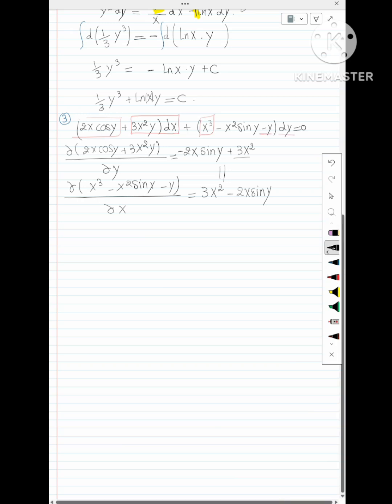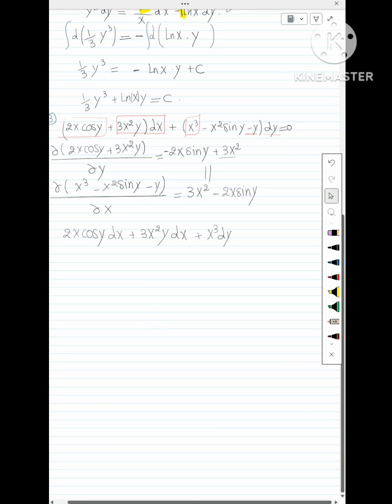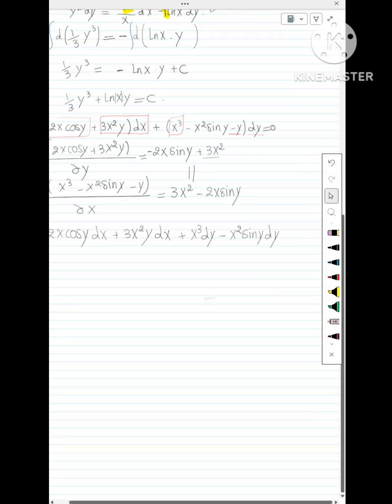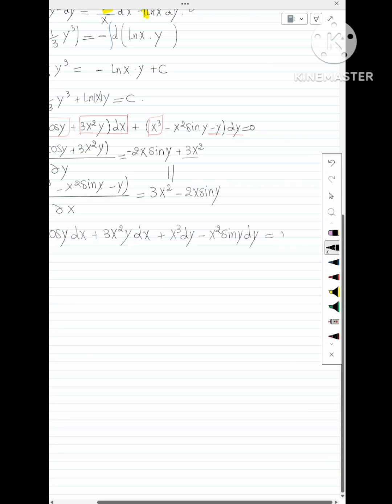Okay, it's going to be 2x cosine y dx plus 3x squared y dx plus x cubed dy minus x squared sine y dy is going to be equal to y dy.